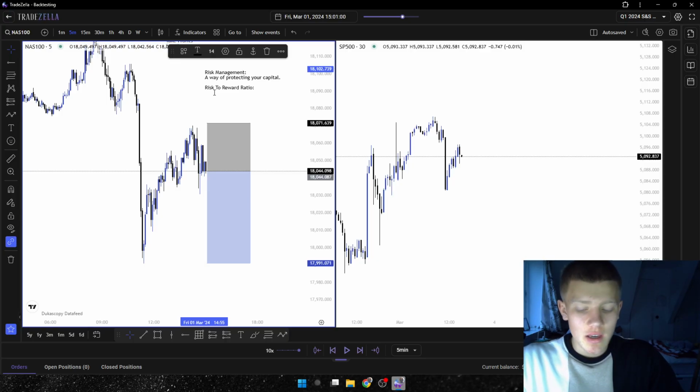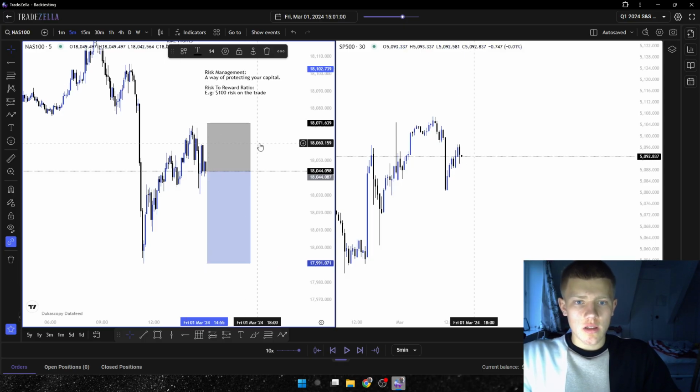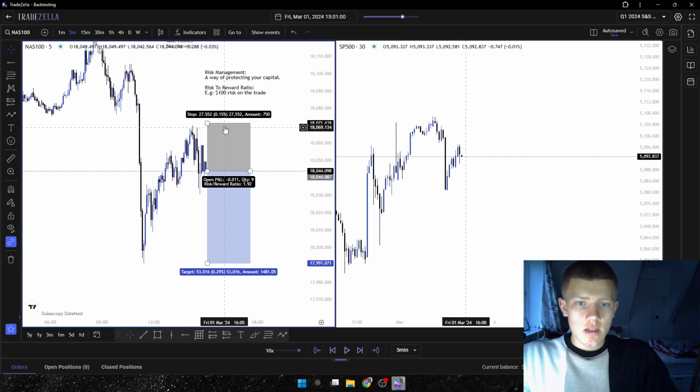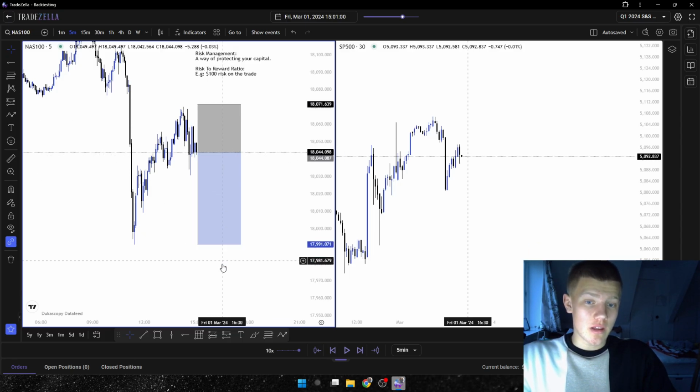So if I risk, let's say for example, $100 on this trade, this move will lose me $100. But that also means that this move is going to make me more than the $100, because it is obviously bigger.